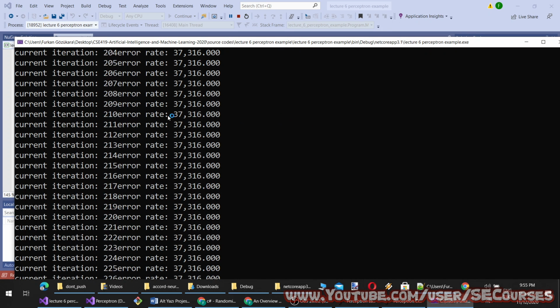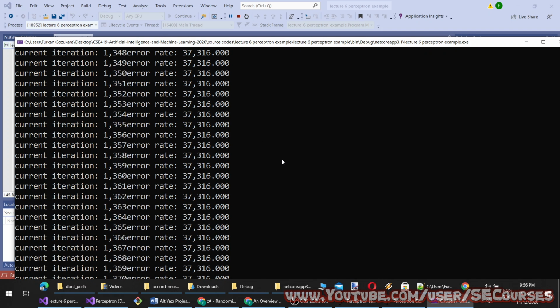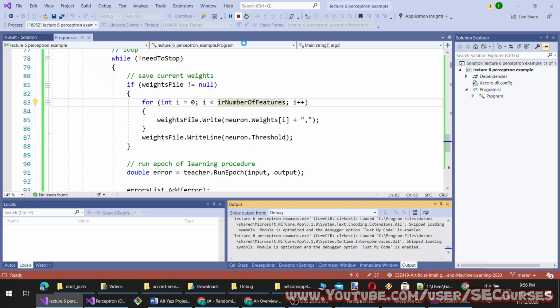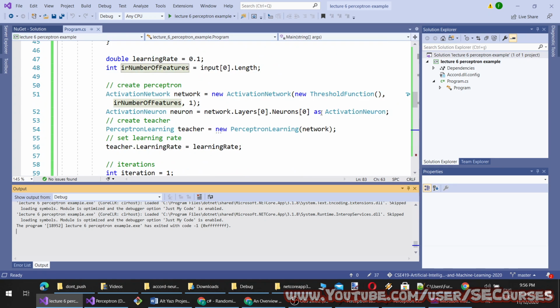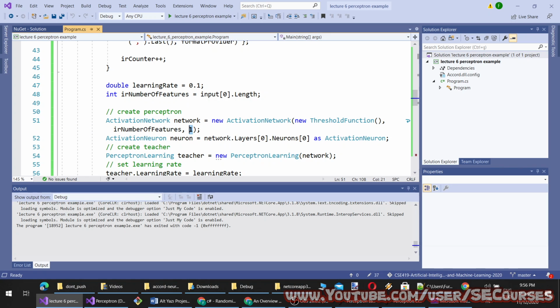Yeah. Oh, our error rate is just too much, as you can see, and it doesn't get any better because we have just set a single neuron. Okay, so we need to set the number of neurons in each layer.